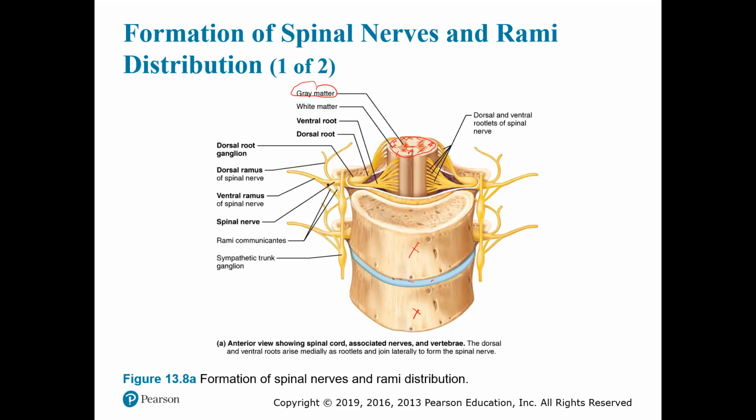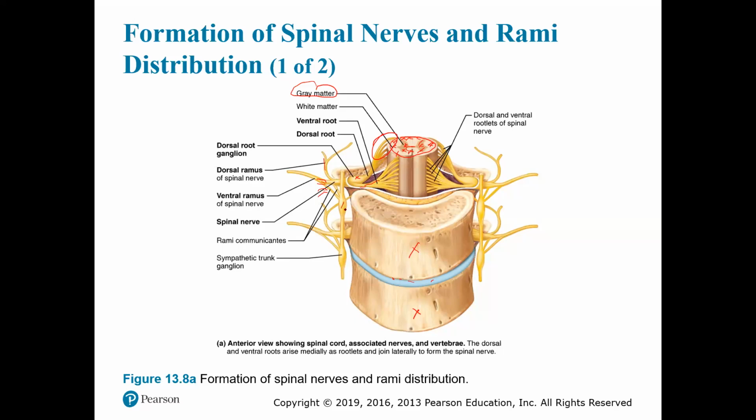Here's your spinal nerve. It has different branches as it leaves the central part of the body. The dorsal root ganglion is right here as part of the dorsal root, and these are the dorsal rootlets. This is the ventral root, which shows no ganglion.